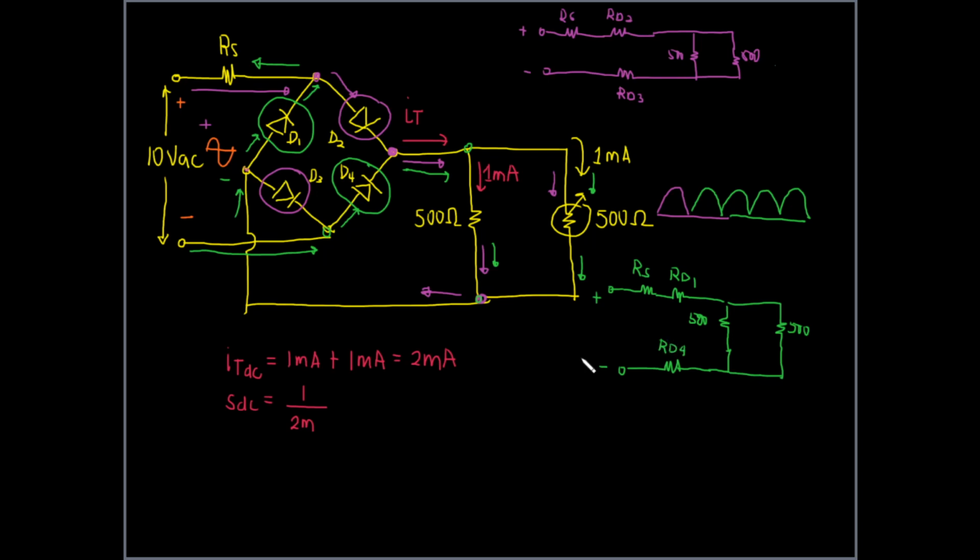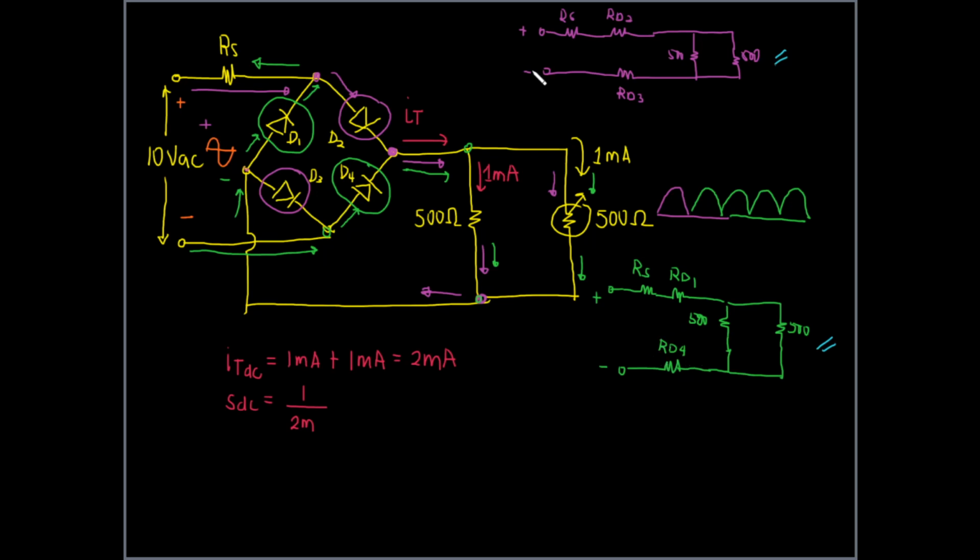So, meaning it's the same, because obviously you're going to make use of identical diodes for your bridge. It doesn't make sense to make use of different diodes. Which means the forward biased resistances of D1, D2, D3, D4 must be approximately equal. So this circuit is the same as this circuit. So hence the total resistance will be RS in series with RD in series with 500 500 in series with another RD.